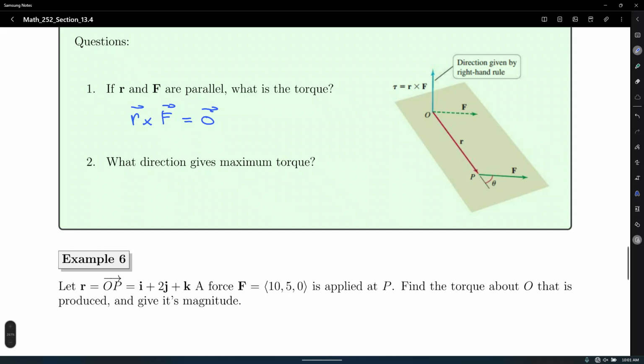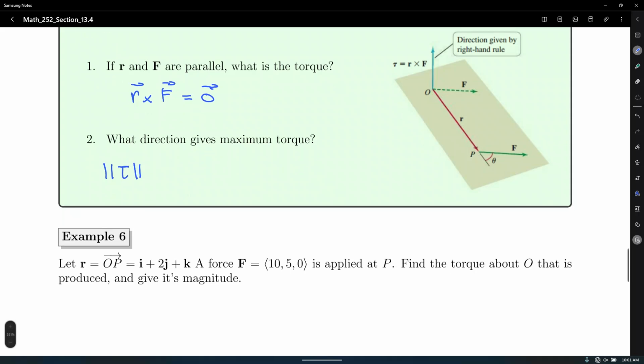So again, the magnitude of the torque, which is represented by a lowercase letter tau, equals the magnitude of the cross product between R and F, which is the magnitude of the distance times the magnitude of the force times sine of the angle theta.